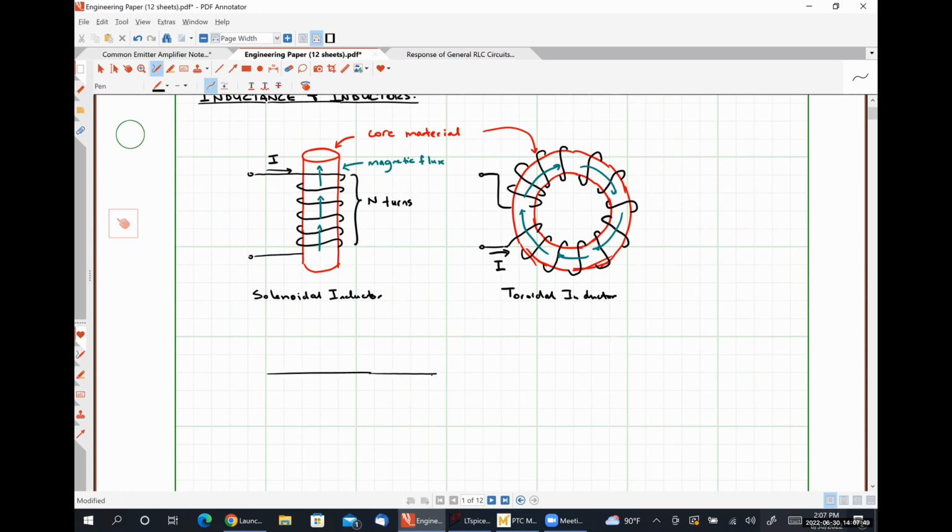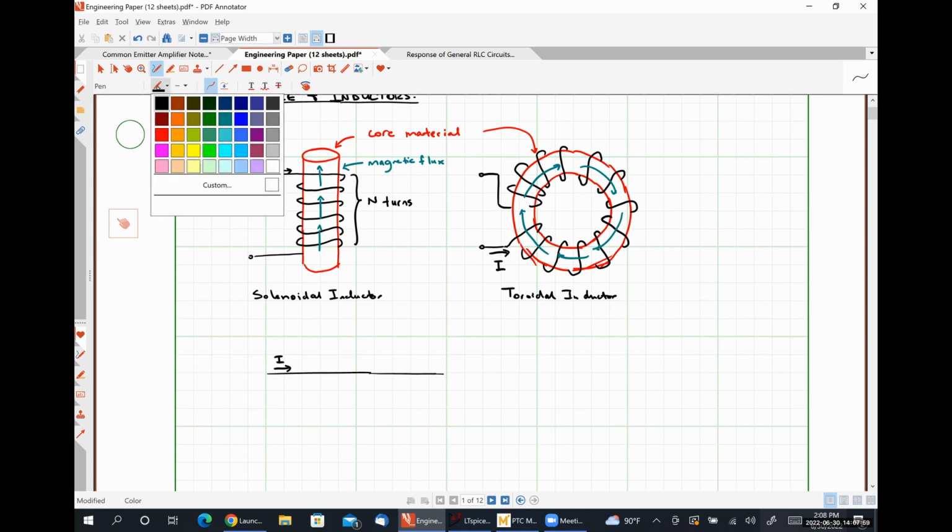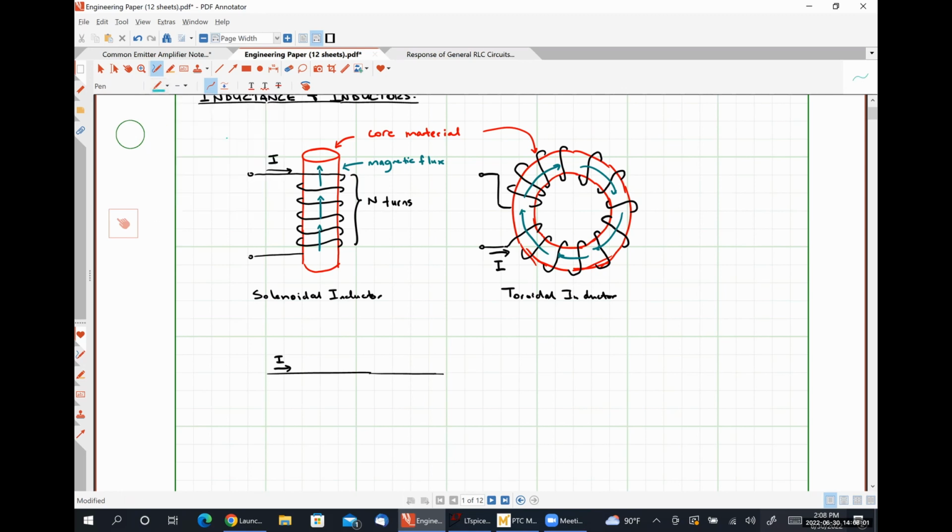So if we have a wire and it's carrying a current I, what we will observe is a magnetic field that wraps around the wire. And it wraps around the wire using what's called the right-hand rule, like so.